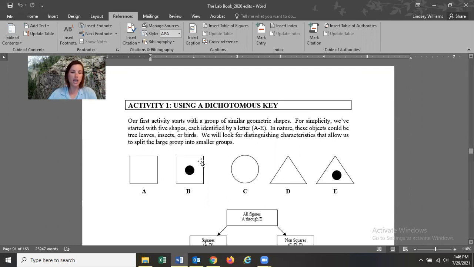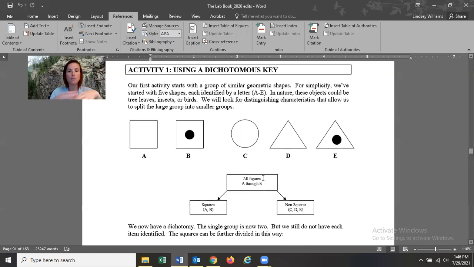We have shapes, A through E, and the job is to get them broken down by their characteristics so that each and every one of them is identified. That means that when you're making all of these boxes and you're separating characteristics into each box, when you have the shape identified, you're going to have only one letter in your box and then you're done. You can't break it apart anymore.